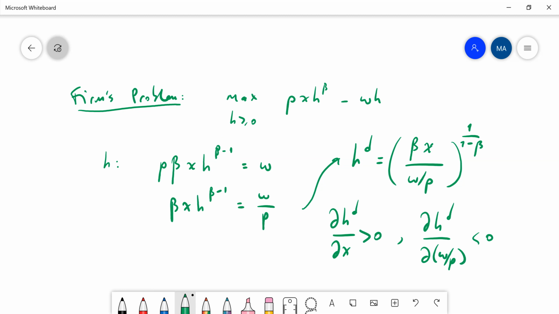And once again, if you look at the second order derivative, right? So first derivative of H is there. It is equal to 0 at the optimum. And the second order derivative is equal to beta minus 1 dot dot dot. So because of this term, it is negative. So this profit function is concave.